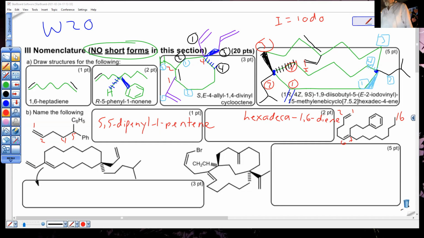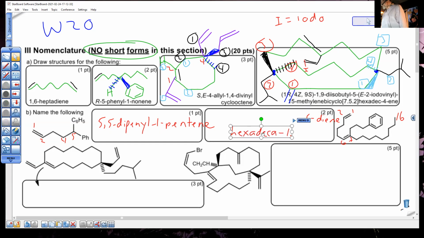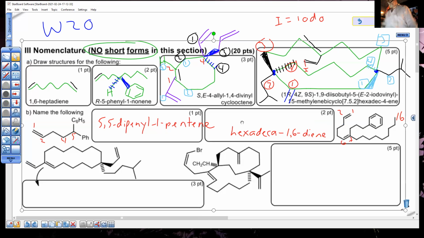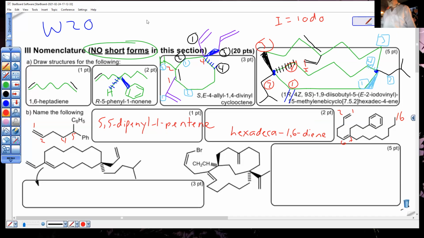And hopefully I can move that down because I have groups on here too. Well, what can you do? There you are. I only have one group on here, and it's this thing off of 7. Pen. There's a group on 7. It's a propyl group off of 7. 1, 2, 3.